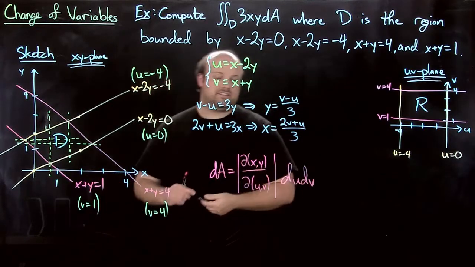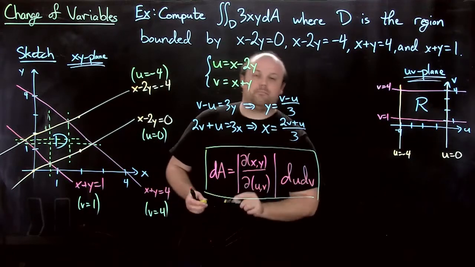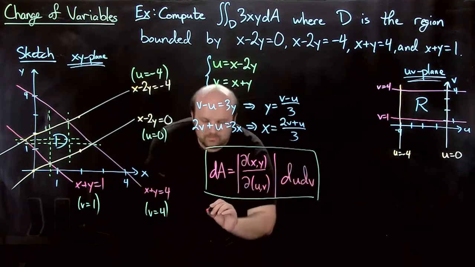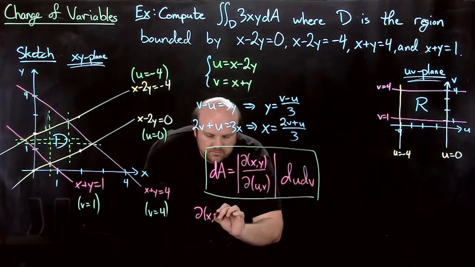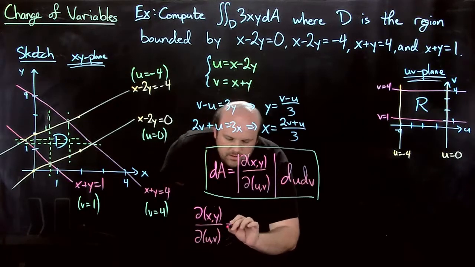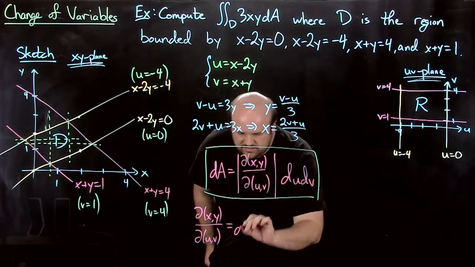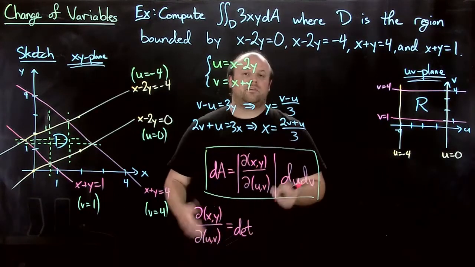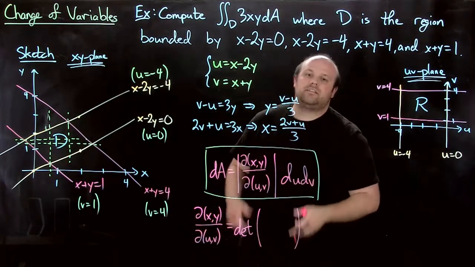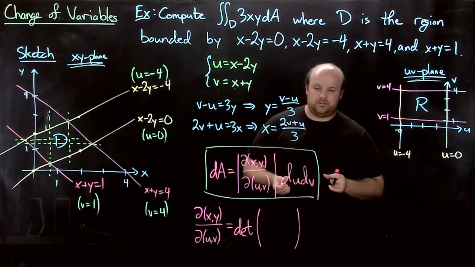Right, so first let's box this guy off. This is the very important formula here. What is this given by? Well, ∂(x,y) over ∂(u,v), this is going to be a determinant of something, right? So this is the determinant of a certain matrix, and this is a matrix of first partial derivatives of a transformation, right?